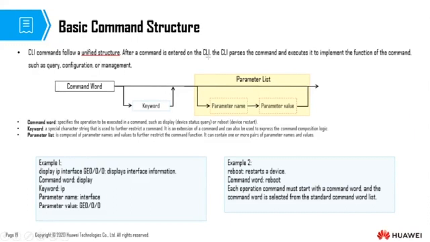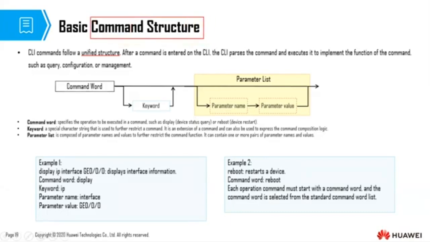After a command is entered on the CLI, it parses the command and executes it to implement the function of the command, such as query, configuration, or management. This is the syntax of a Huawei command.